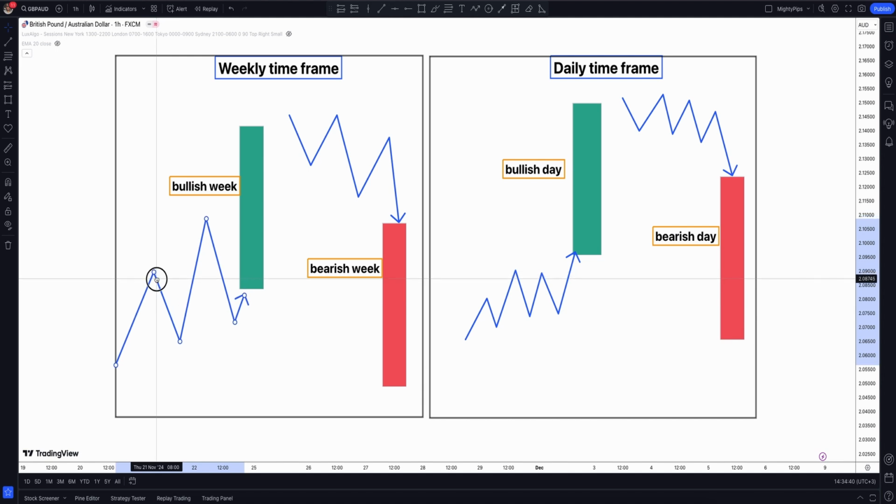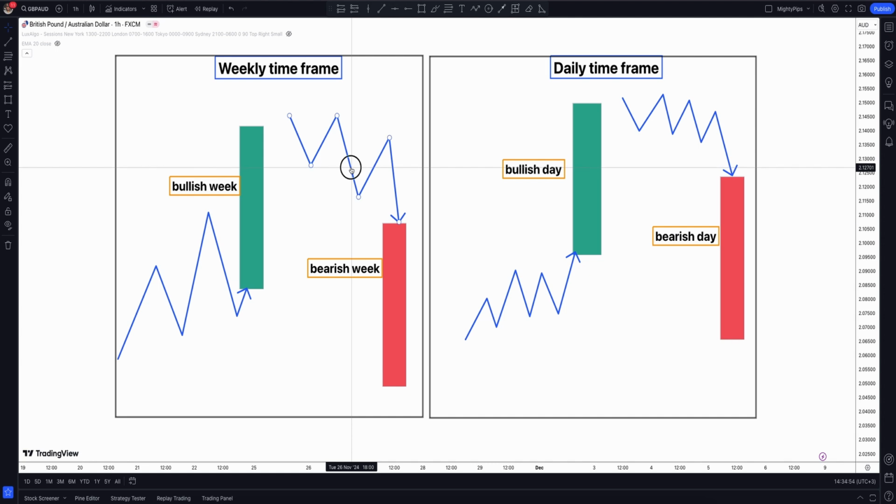It's making higher highs and higher lows. That is the first step. Then also, if it is for a bearish bias, make sure the weekly chart is creating lower lows and lower highs like this, and the previous weekly candle closed bearish. That is for a bearish week.